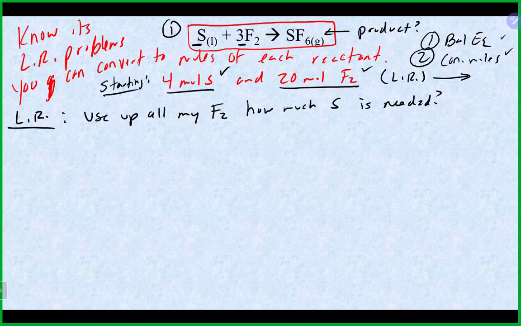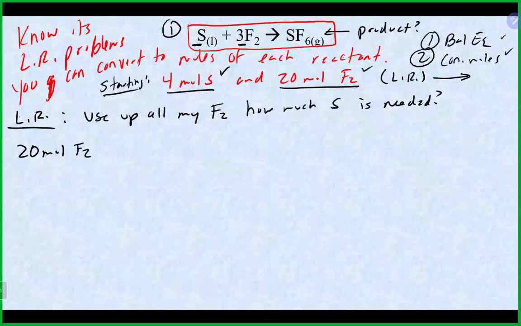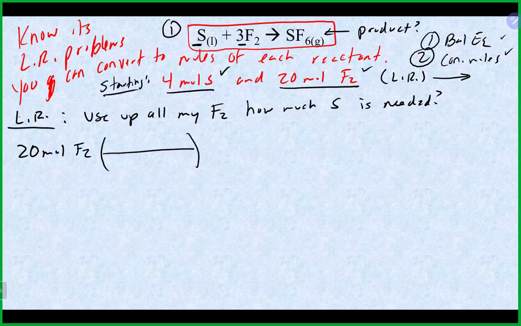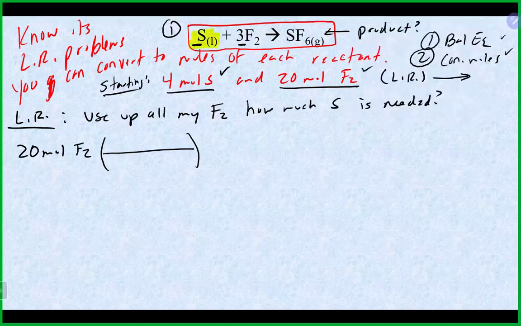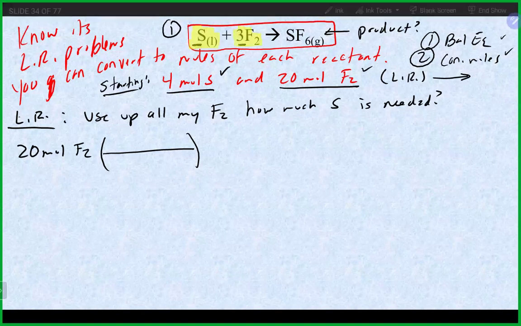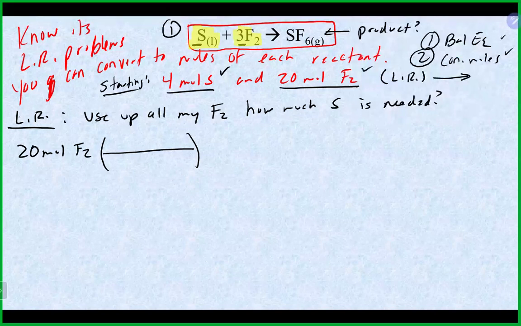So here's what I'm going to do. I want to take the starting amount of fluorine, which is 20 moles, and I'm going to do just a basic mole-to-mole relationship between the two reactants. So from the equation, 1 mole of sulfur gives me 3 moles of fluorine. So we're going to use that: 3 moles of fluorine gives me 1 mole of sulfur.